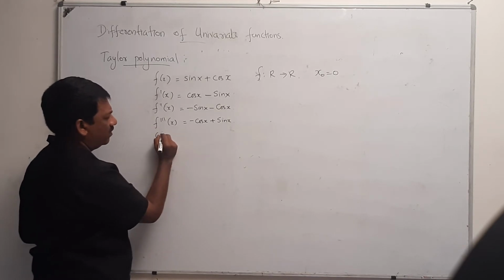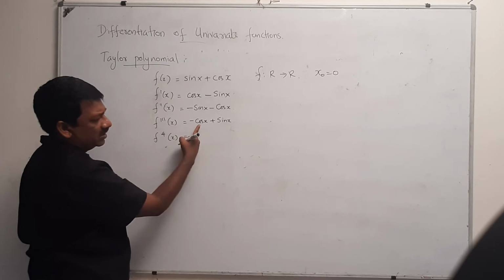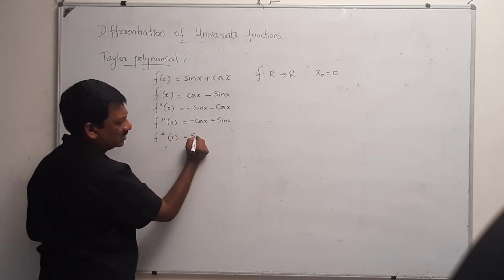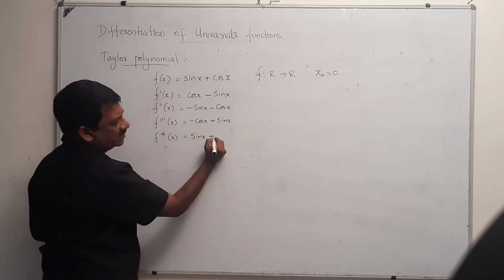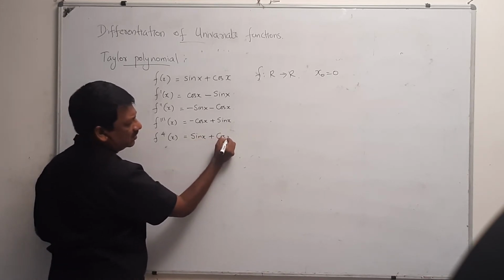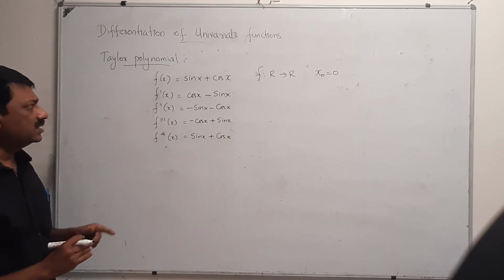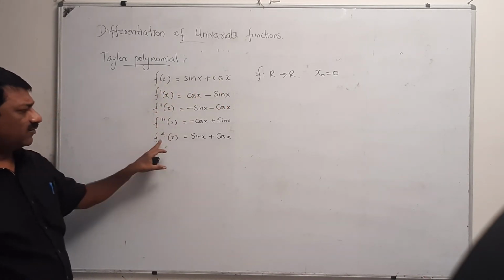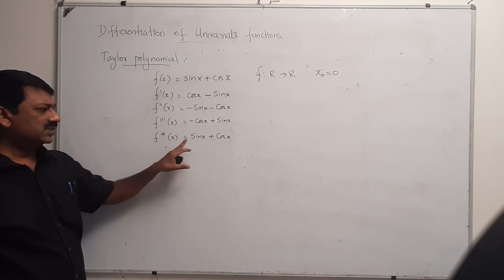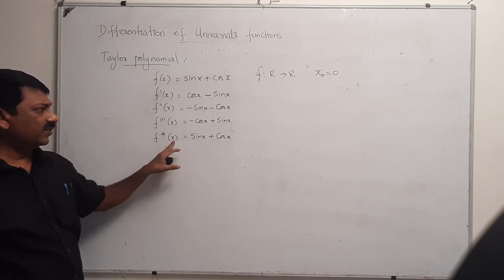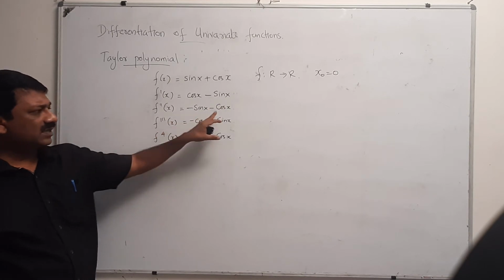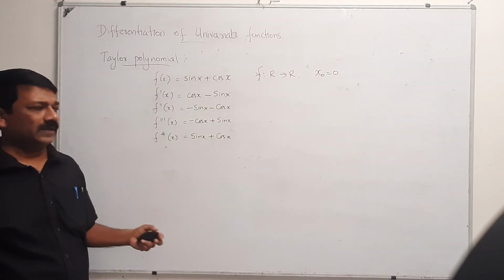And f4 of x: the derivative of cos x is minus sin x, so this will become sin x plus cos x. That means initially we have sin x plus cos x, then afterwards f4 of x is sin x plus cos x, then f5 of x is cos x minus sin x, f6 is minus sin x, that means this will be repeated.